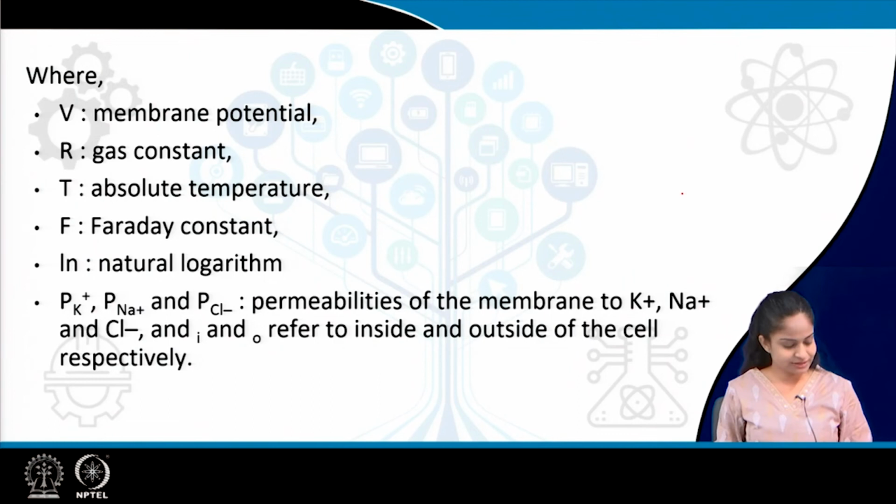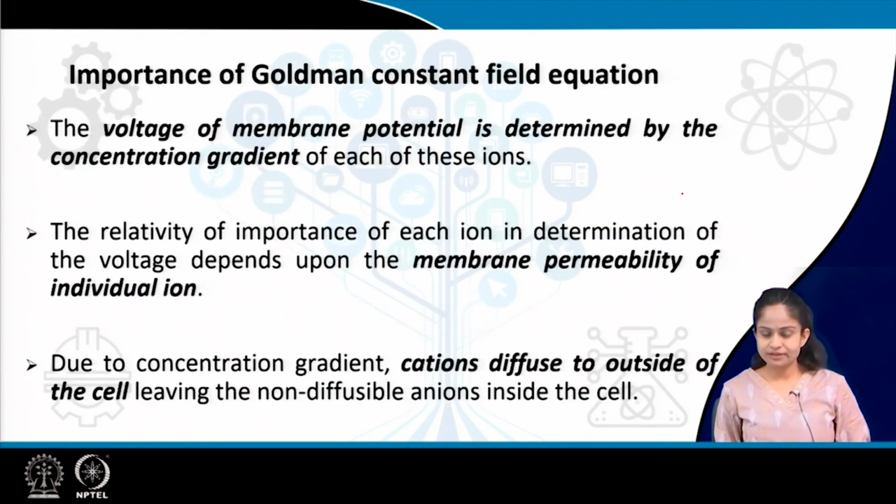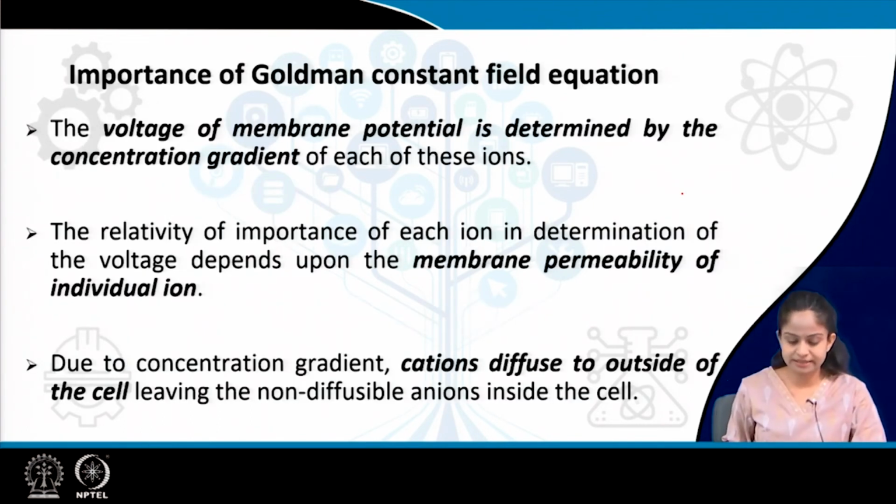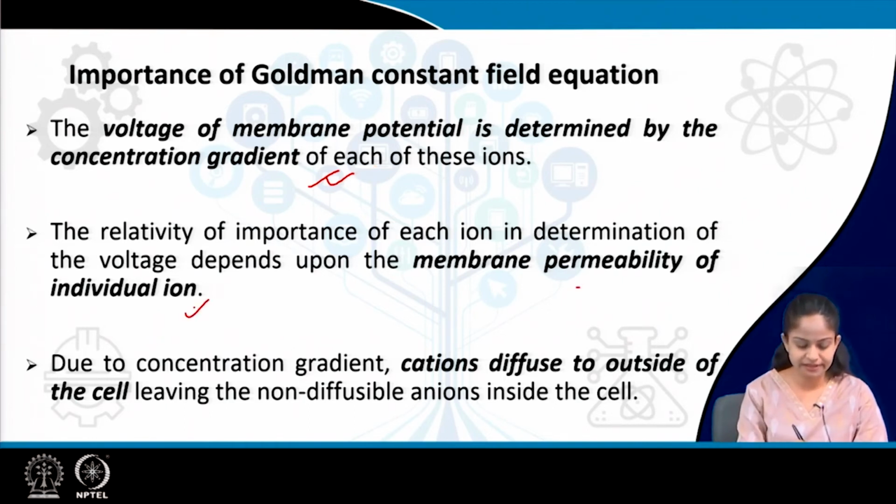Similarly, the constants have already been told: what is R, what is T, and the Faraday's constant. The importance of the Goldman constant field equation is that the voltage of the membrane potential is strongly dependent on the concentration gradient of each of these ions, and also on the membrane permeability of the individual ions.